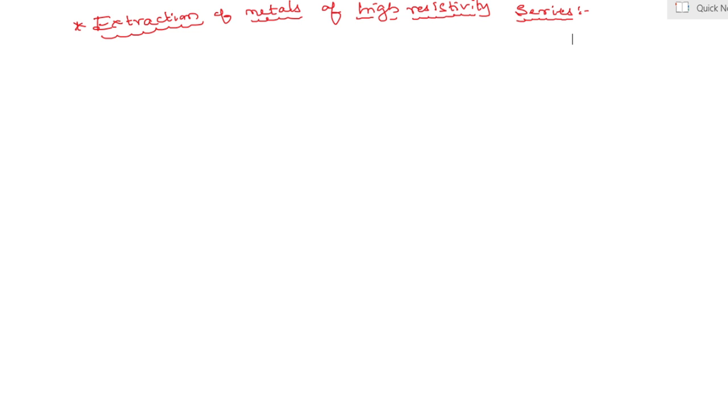In the previous class, we discussed enrichment of ores, then extraction of metals of low reactivity series, then extraction of metals of medium reactivity series, and what is meant by thermite reaction and uses of thermite process.